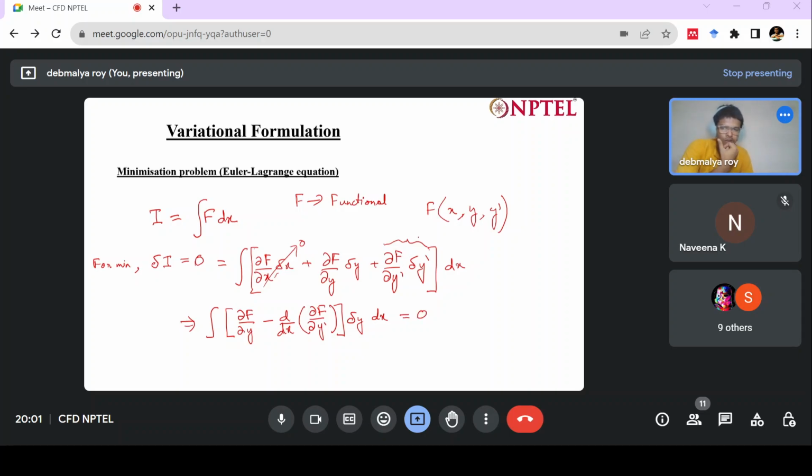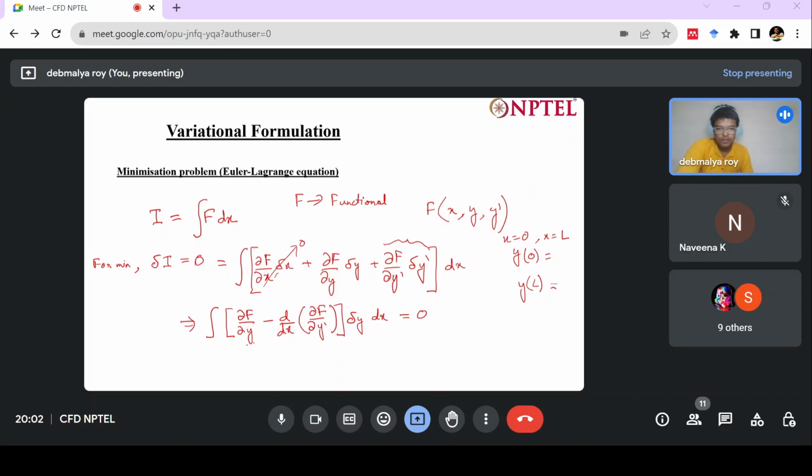Why are the boundary terms 0? They are 0 because we are expected to provide the values at, suppose, 0 and L. These are two boundaries, so x equal to 0 and x equal to L will have values for y. This is expected for a boundary value problem. If that is the case, then the variation will be 0.